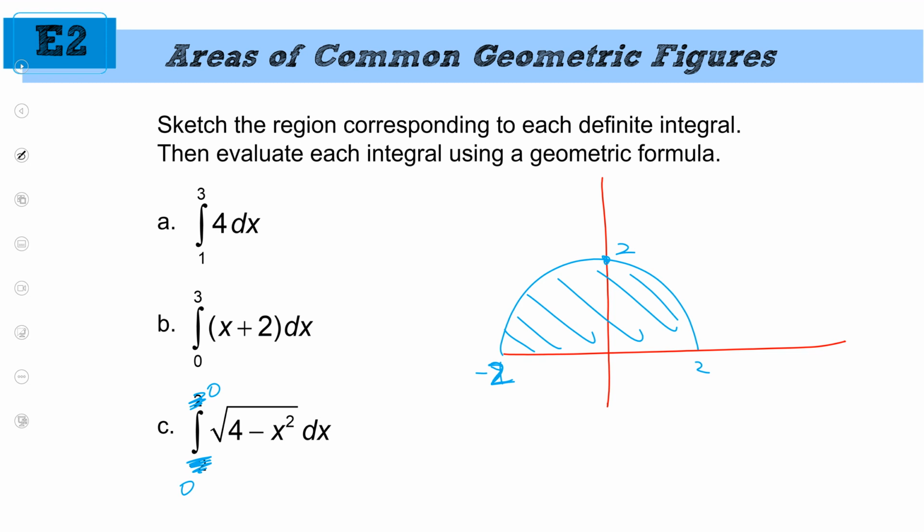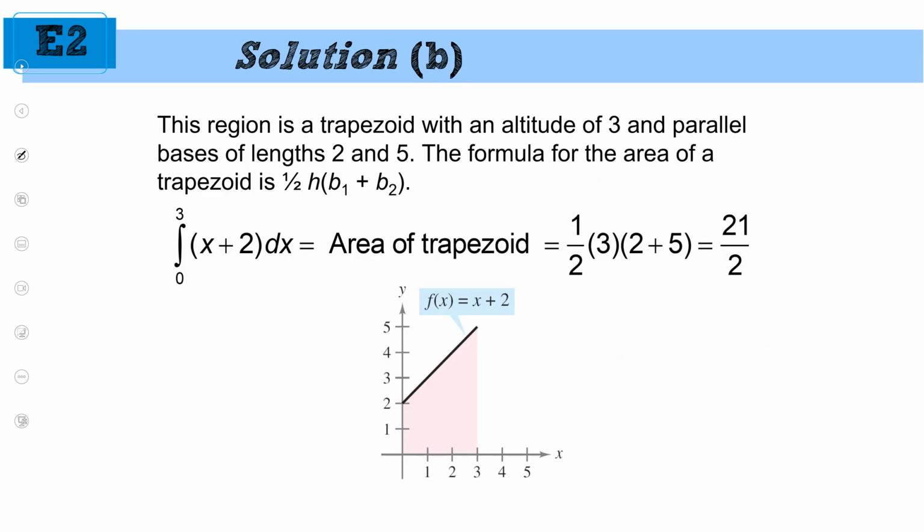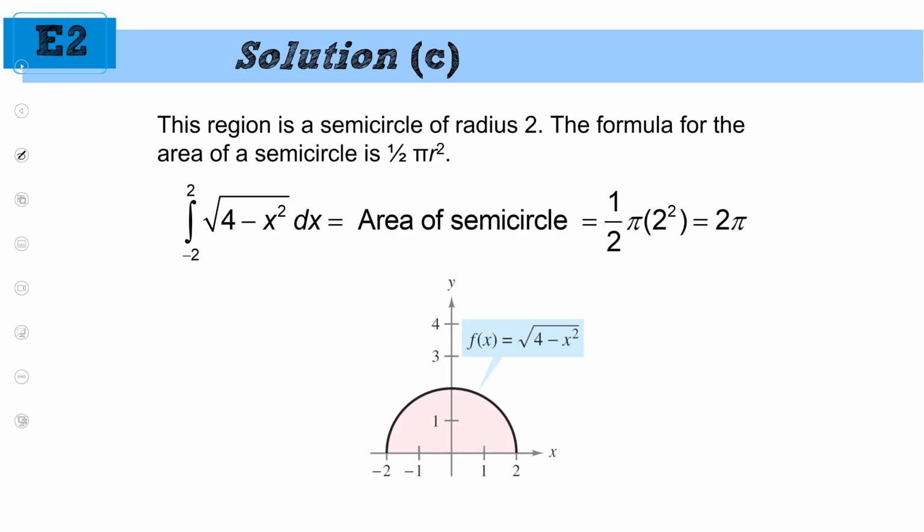The basic idea here is that we're finding the area of a function between the function and the x-axis. If the x-axis ends up on top, or the function ends up below, then you do the exact same thing, but you have negative area. So there's our rectangle, our trapezoid, our semicircle.